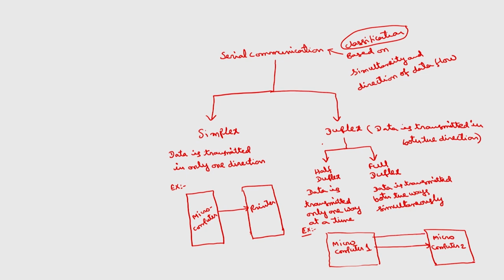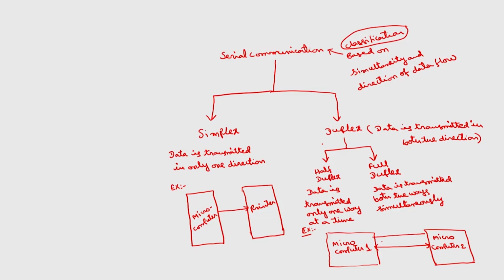In case of half duplex, only one single line is enough. Microcomputer 1 can transmit the data to microcomputer 2 or 2 can transmit to 1, but at any time only one way will be enabled. In case of full duplex, there will be two communications, one from computer 1 to computer 2, and the second from computer 2 to computer 1. So, there will be two wires. This is an example of full duplex.